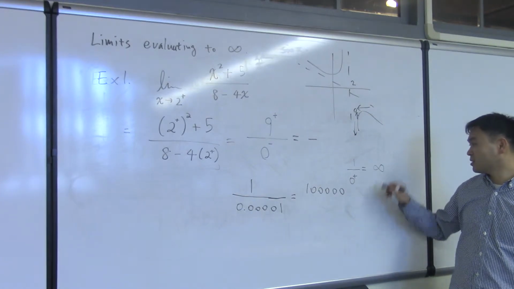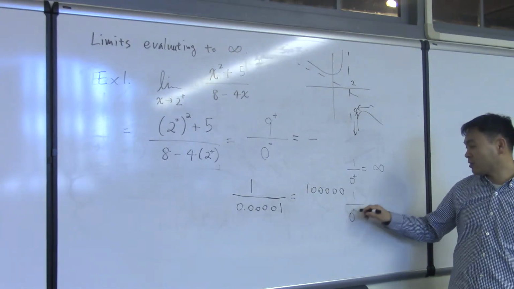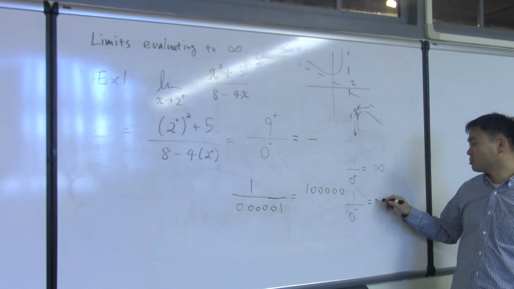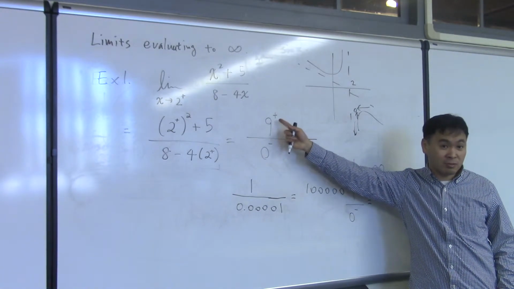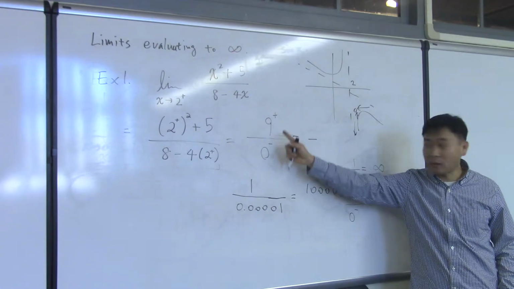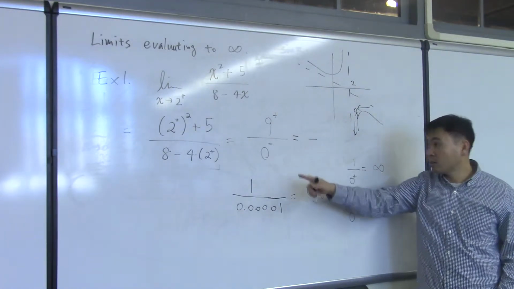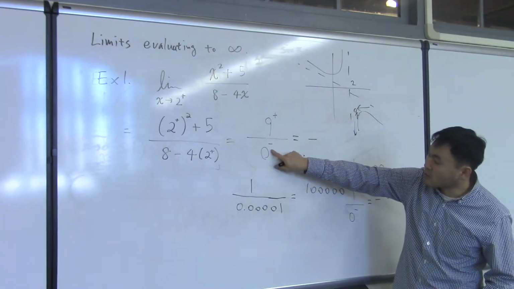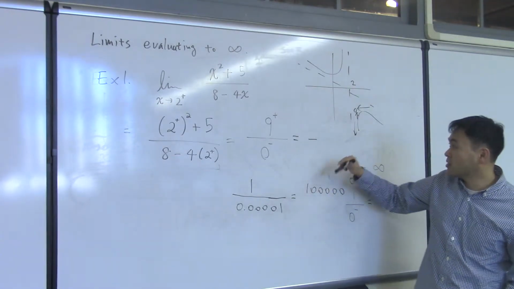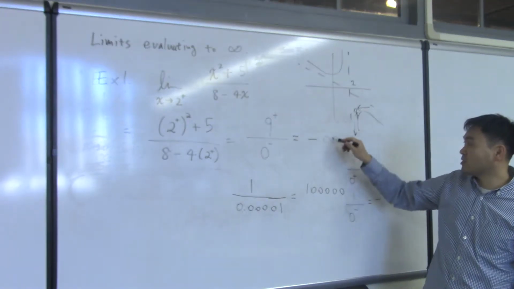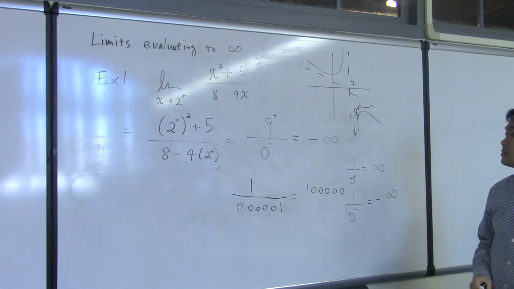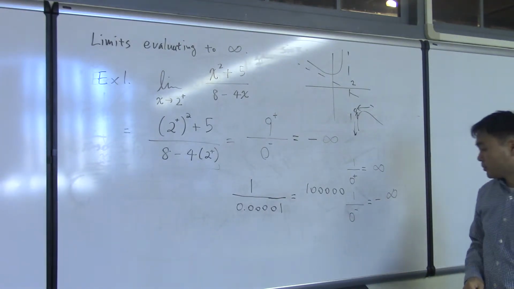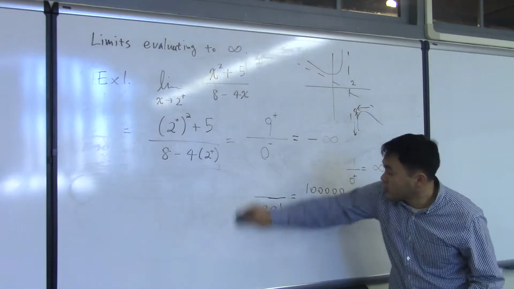Positive infinity. If you divided 1 by 0 minus, it would be negative. So in this case, because you're dividing a finite positive number by a negative number close to 0, it's going to go to negative infinity. That's how you think about it.